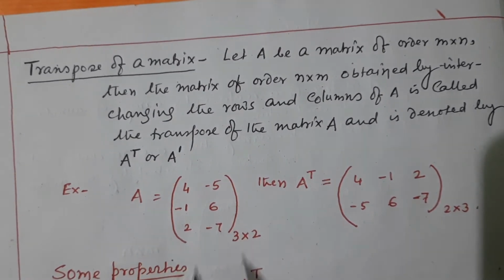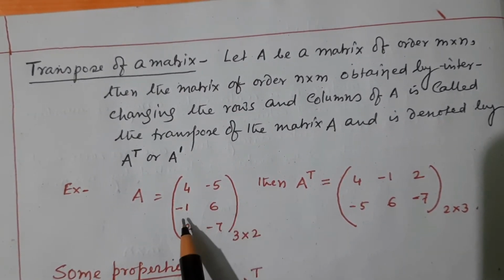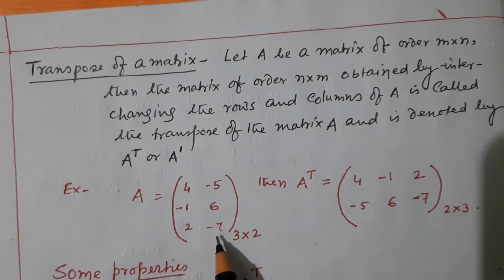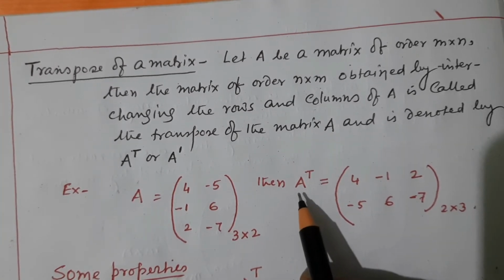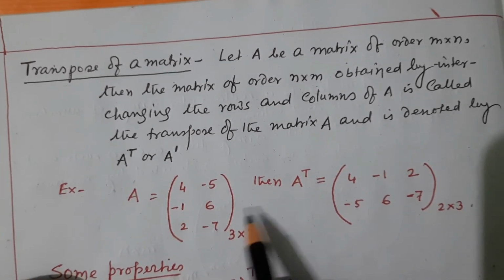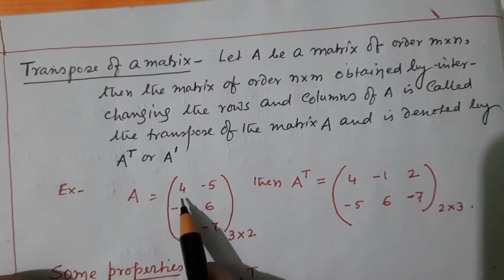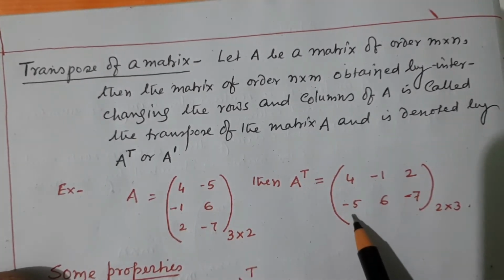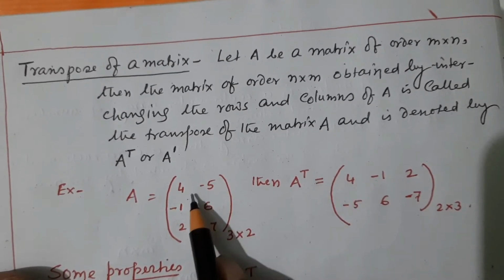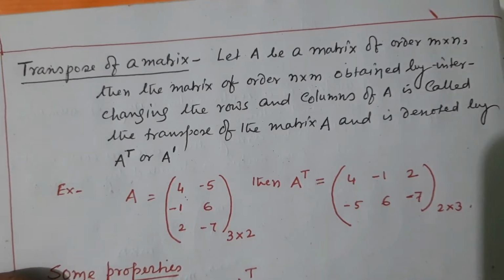If A equals 4, minus 5, minus 1, 6, 2, minus 7. This is a matrix of 3 cross 2. Then we can get the transpose. How? We just interchange rows into columns. This is the first row, 4, minus 5, written in the first column.